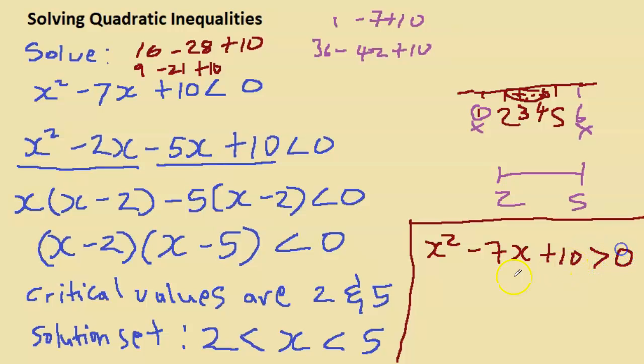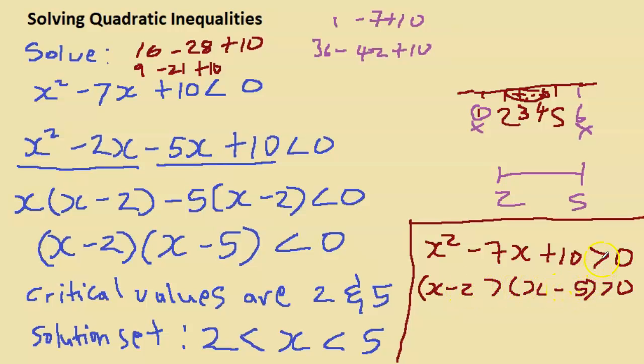Then the same critical values, because when we factorize again, we'll get x minus 2, x minus 5 greater than 0. And you equate both brackets to 0 and solve, you'll end up with the same critical values, 2 and 5.